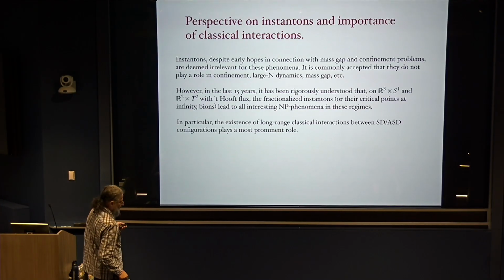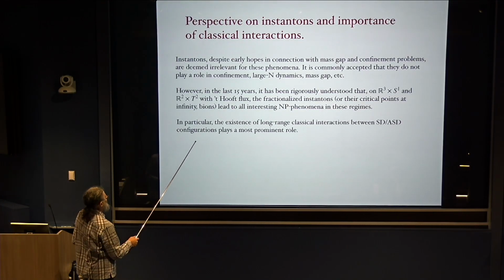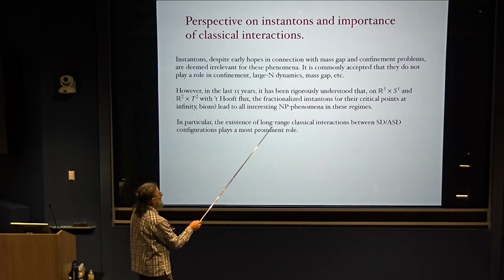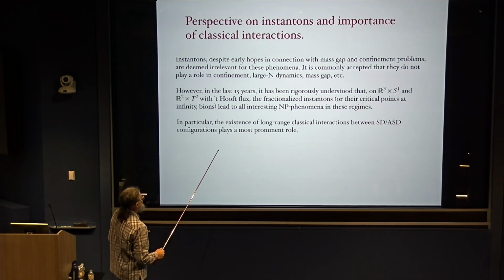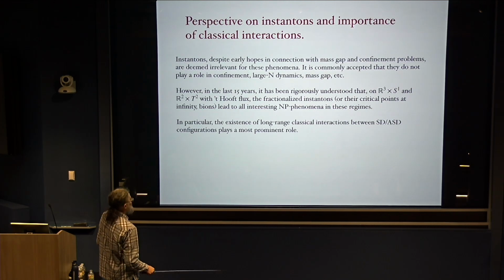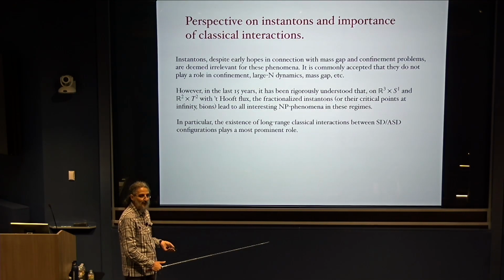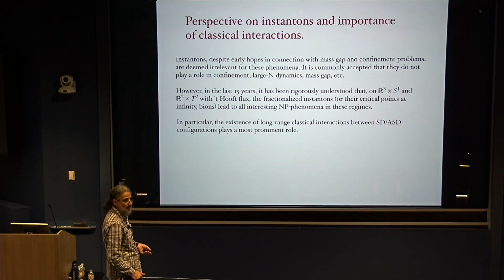So now let's go back. Instantons, despite early hopes in connection to the mass gap and confinement problem, are deemed somewhat irrelevant for these phenomena in the long run. It is commonly accepted that they do not play a role in confinement at large N. They are viewed as completely suppressed at large N and for the mass gap.